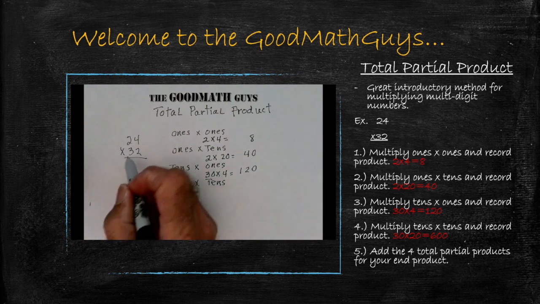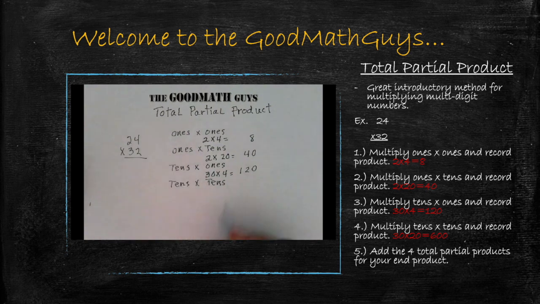And here, we're 30 times 20. And again, all I have to do is multiply the 2 and the 3. 2 times 3 is 6. And this time, add 2 zeros. So 30 times 20 is 600.